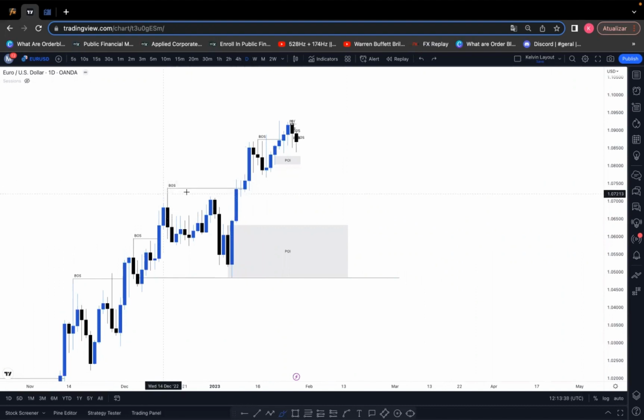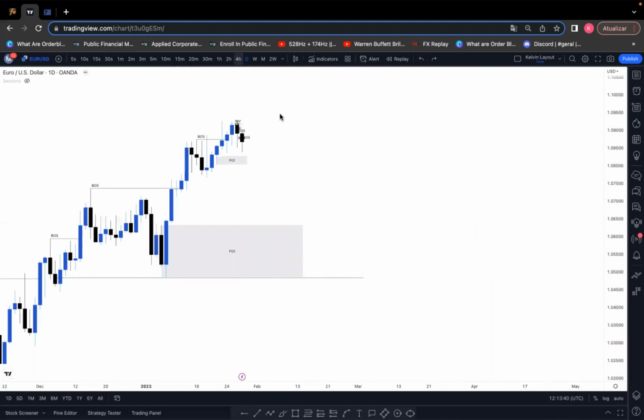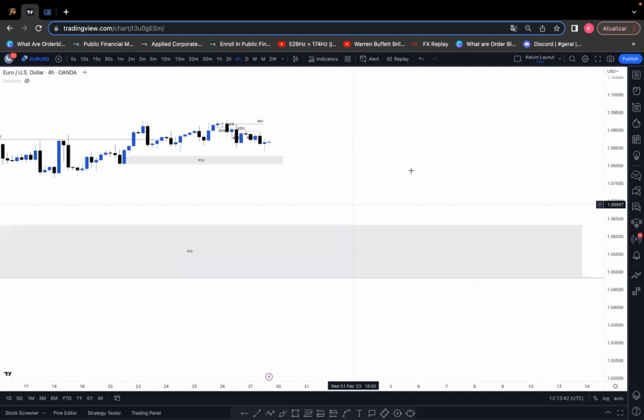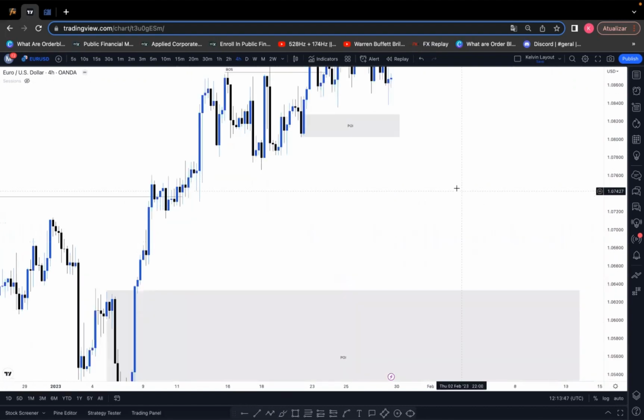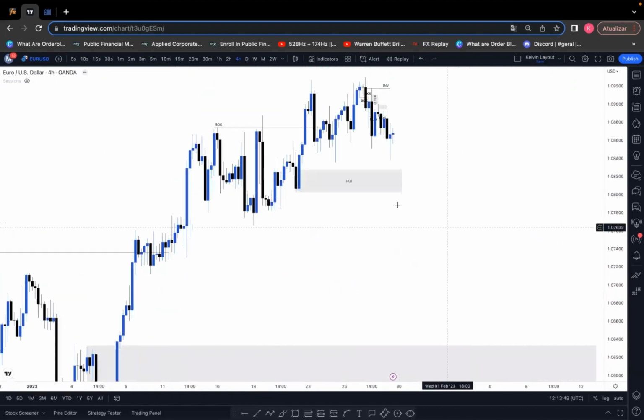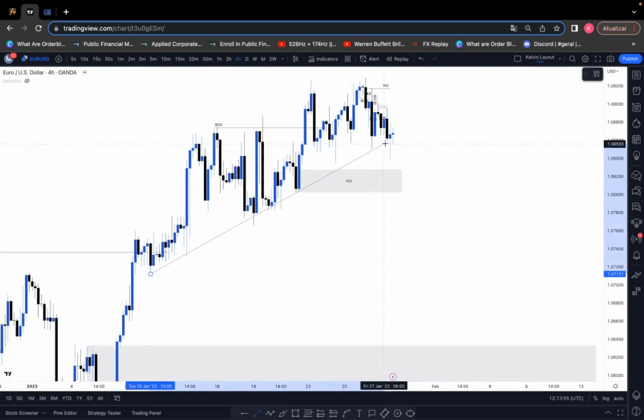They ended up taking this previous swing high. If I go down, for example, to the 4 hour, we're more likely to see why I think this may be used as inducement. Let me use this line right here. If we form this trend line, we can see that price tapped here more than 6 times.